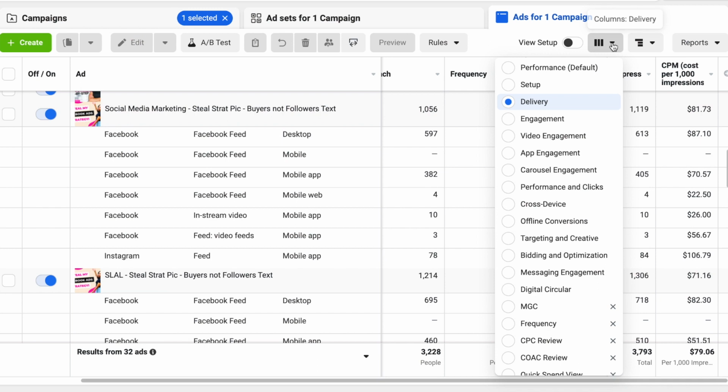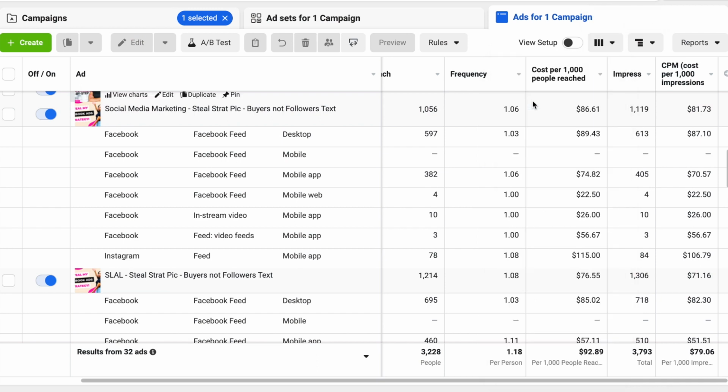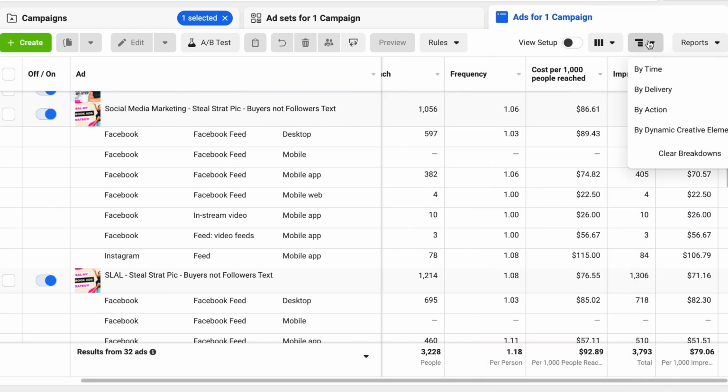So I dove deeper and spread the data out. Instead of just looking at one line of data, I expanded it. And I'll show you that here on the screen, where I looked at every single placement where my ad was being shown.